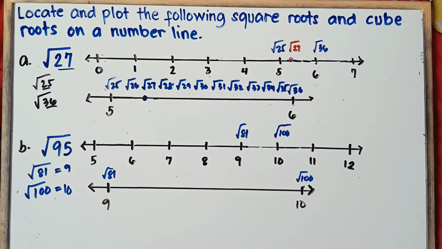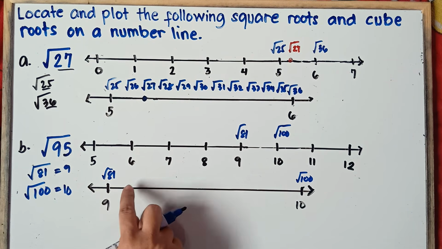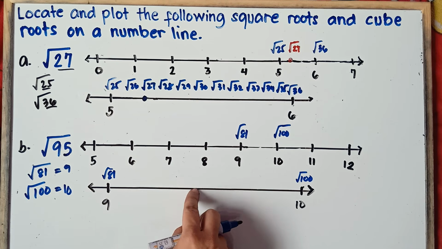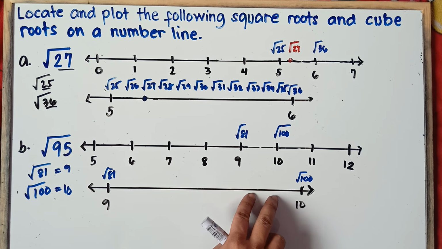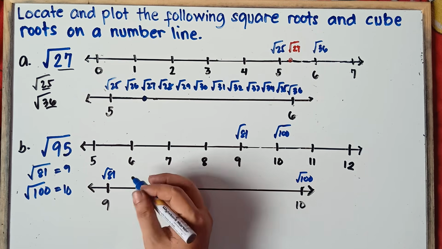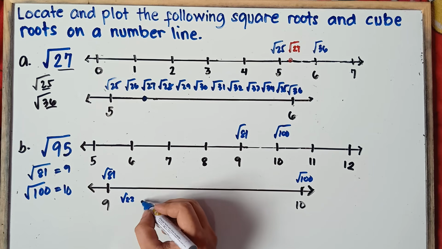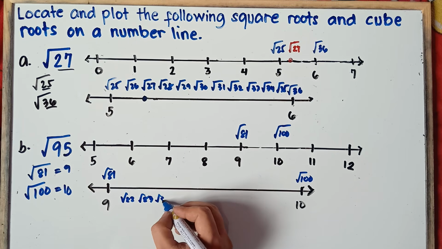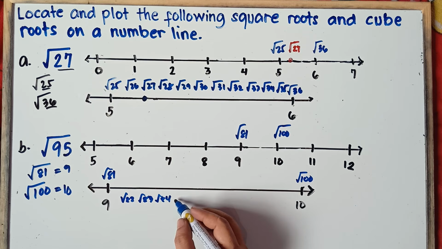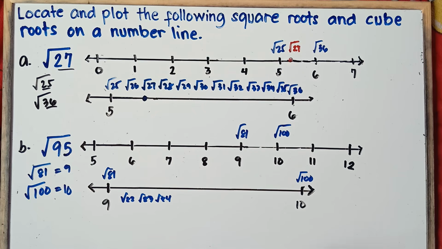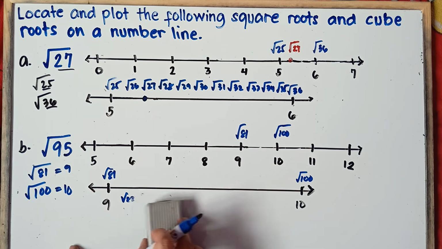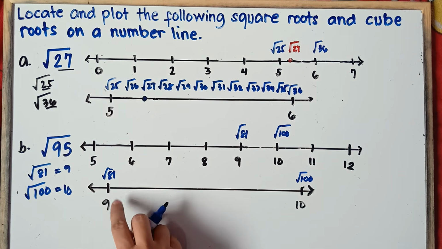So if we write, class, 81, the next will be 82, 83, 84, 85, 86, 87, 88, 89, 90. I think we don't have enough space for us to write that one. Let's do the skip counting, class. Let's go by 2. So let's try square root of 81.